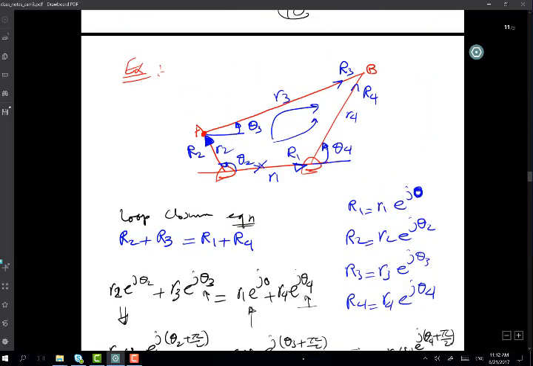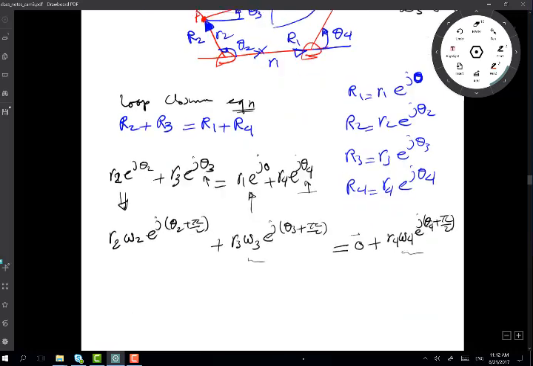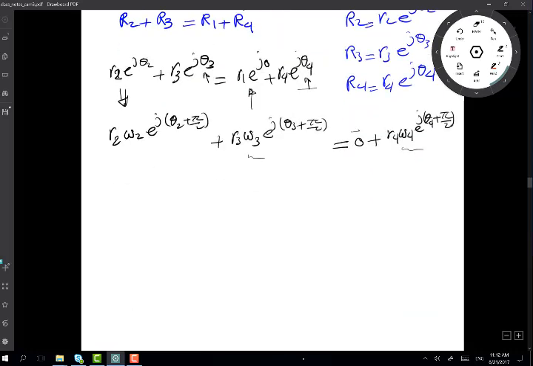So here my unknowns are omega 3 and omega 4, because I'm doing velocity analysis. Don't forget, velocity analysis. As I said before, I take it that the angles have been found already.